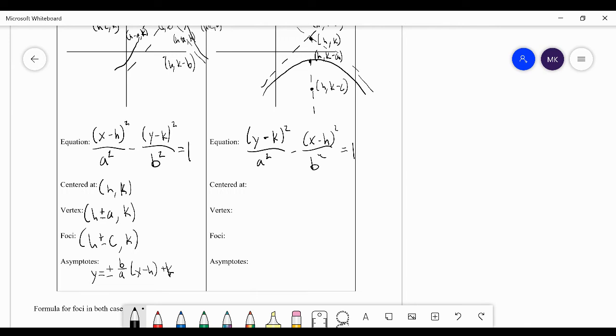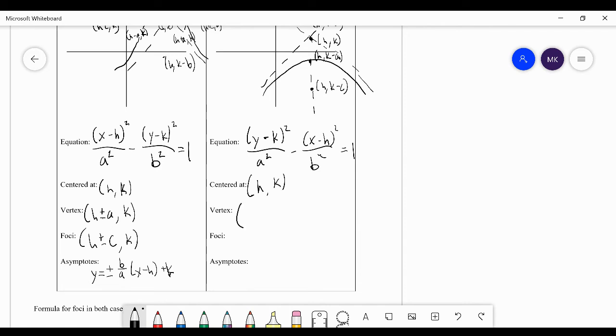Notice here I'm not shifting the h and k because if we go all the way back to Math 111 when we talked about transformations and we did shifts, translations, if you will, h was always associated with our horizontal shifting, with our x value, with our input value, and our k associated with our y values. So we want to keep that the same, and everything else is the same here. So again, this is still centered at h comma k.